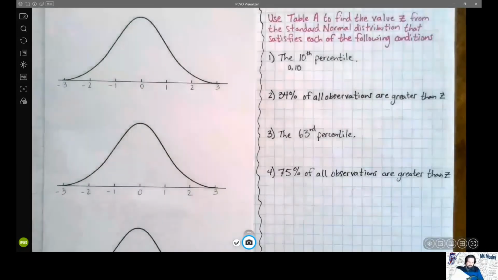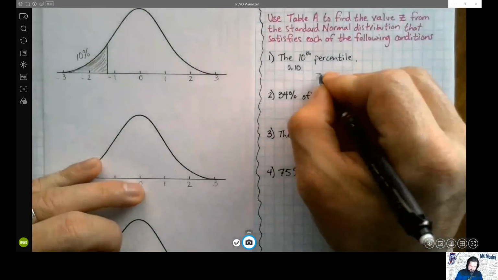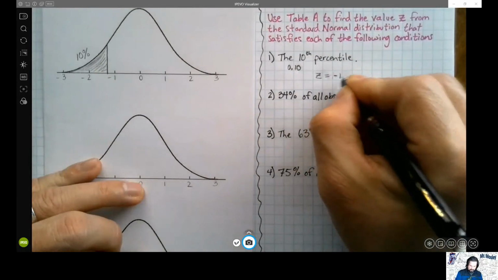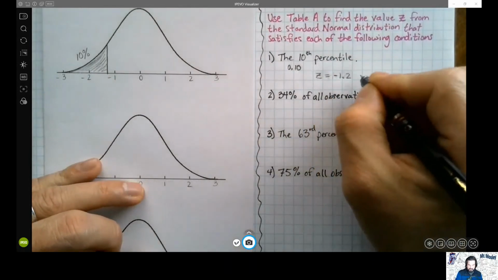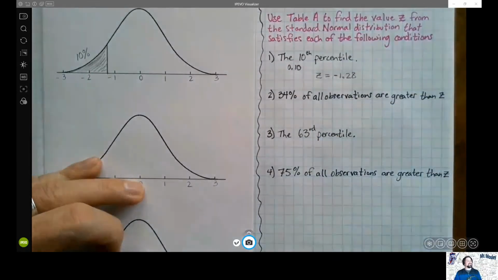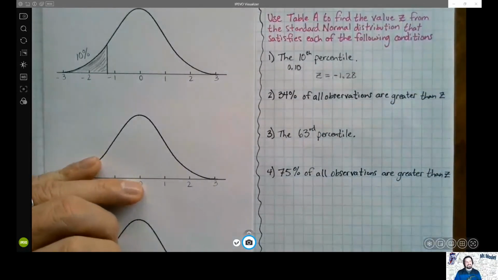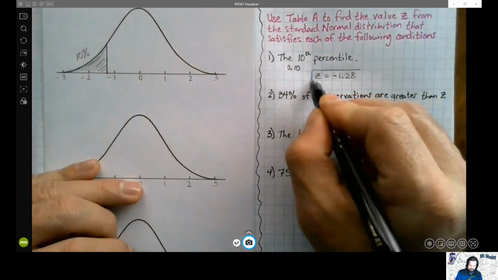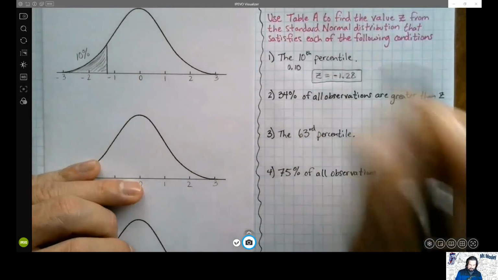So that's the result we're looking for. Z equal to negative 1.28. All right. So the 10th percentile is at negative 1.28, which means that 10% of our observations are less than negative 1.28.